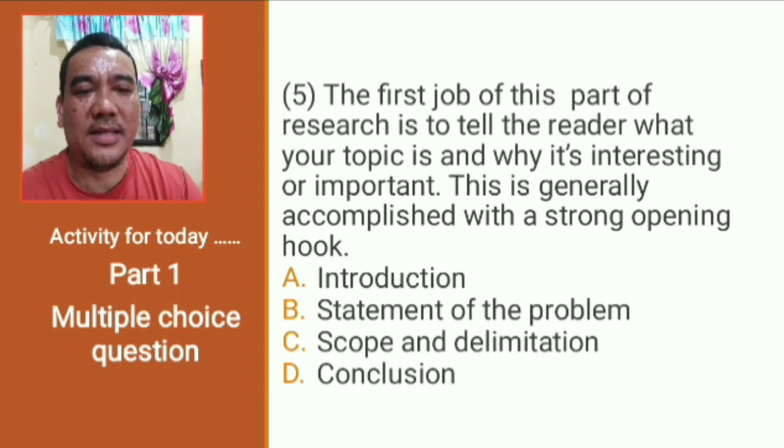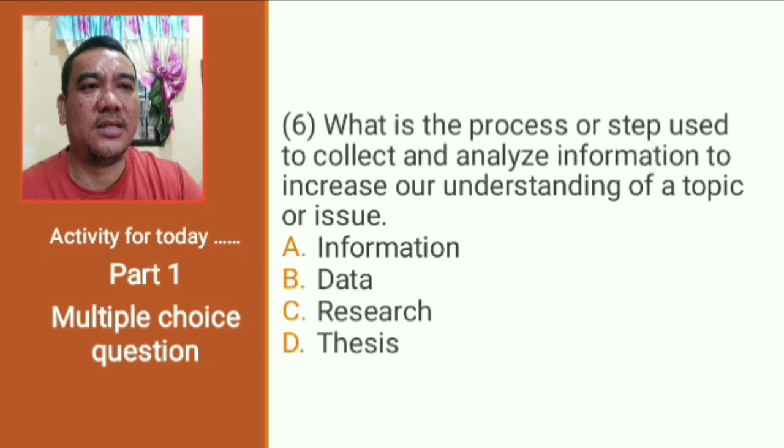C. Scope and delimitation, or letter D. Conclusion. Number 6. What is the process or step used to collect and analyze information to increase our understanding of a topic or issue? A. Information. B. Data. C. Research, or letter D. Thesis.